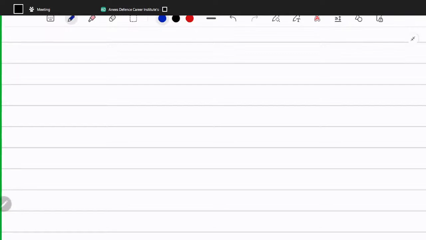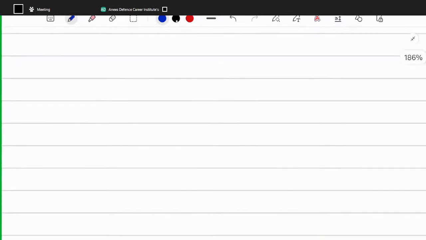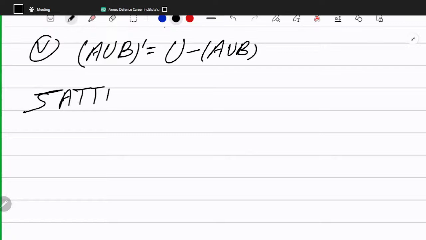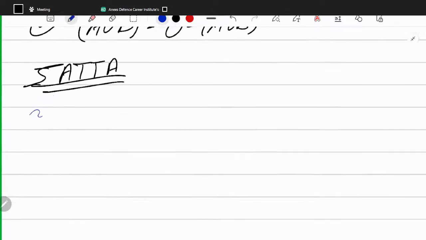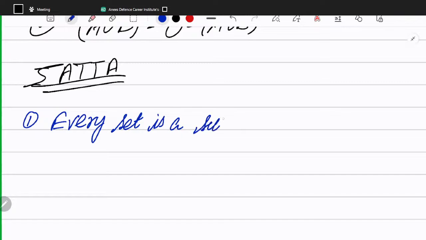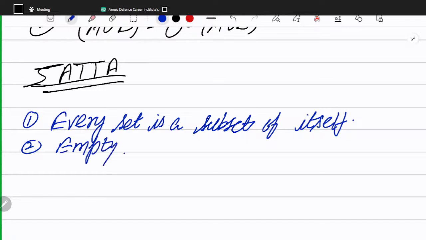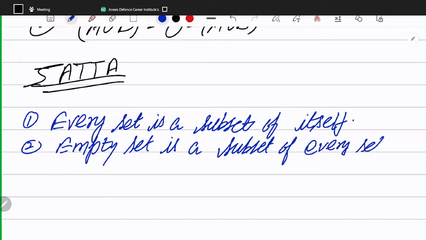See, every set is a subset of itself. Empty set is a subset of every set.